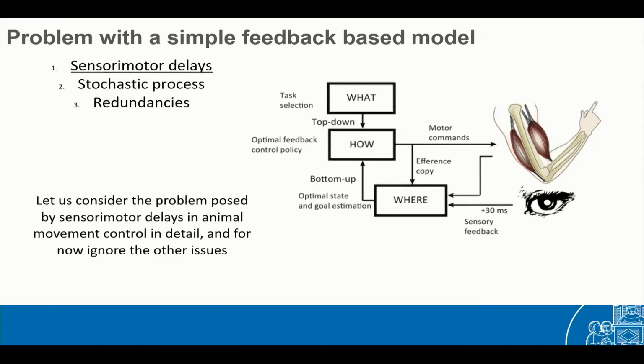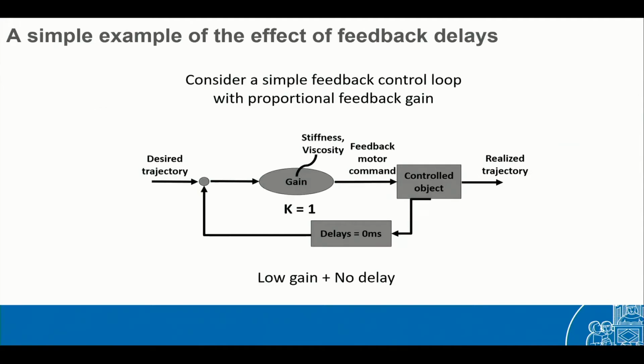So if we consider what a simple feedback delay control loop is, we see that when we introduce delays, or when we change, as in this case, the feedback gain, we have different results for the output of the controlled object, which can be an arm or the eye itself.